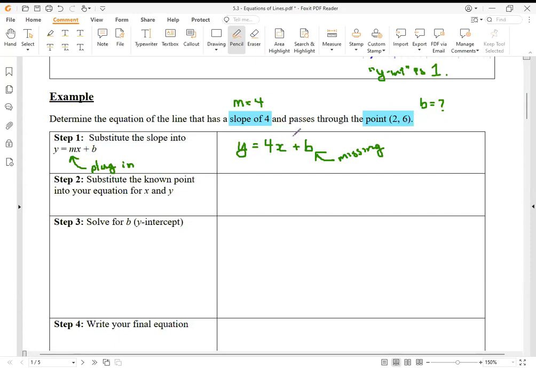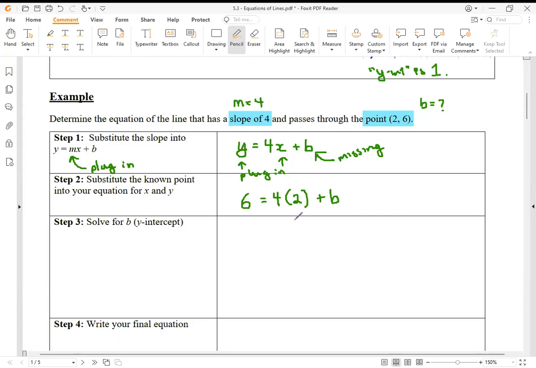We have this x and that y, which means we can also plug that in. You might wonder why. Consider this: m equals 4 is multiplied with an x value of 2 plus b, my answer is 6.